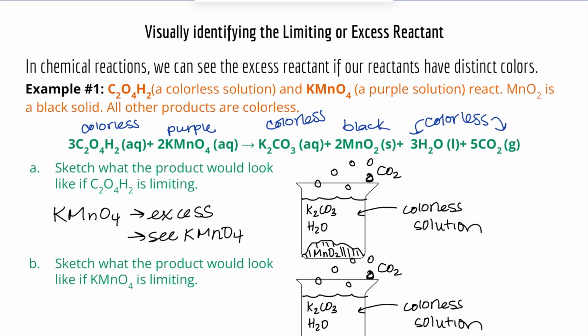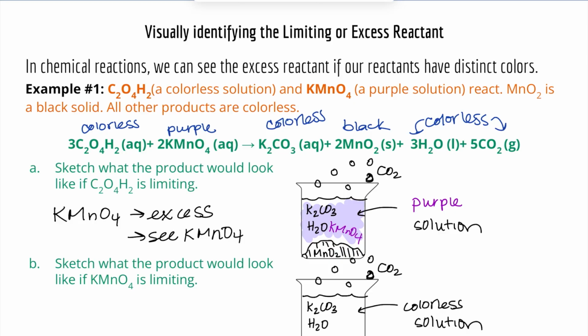And so I'm going to see some of this KMnO4, so I'm going to add that into the beaker because that's there as well. And if you're doing this on your iPad, we can easily just go ahead and add in and say, okay, well, this would actually not be a colorless solution anymore. It's going to have some tinge of purple depending on how much of that KMnO4 is left.